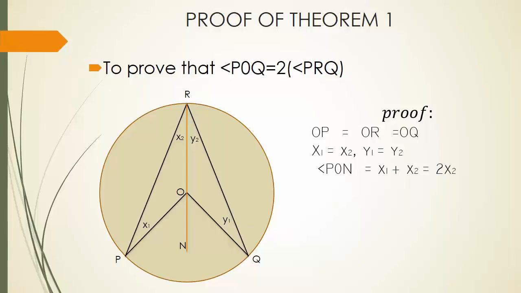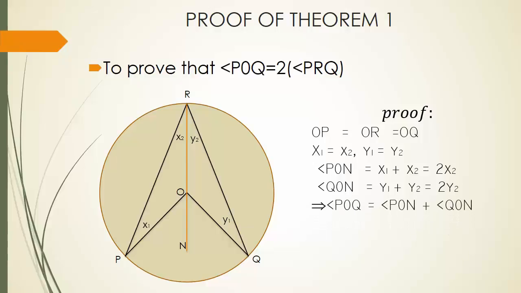Now angle PON is equal to angle x1 plus x2, and it gives us the sum of 2x2 because x1 and x2 are equal. Also angle QON is equal to y1 plus y2, which sums to 2y2.